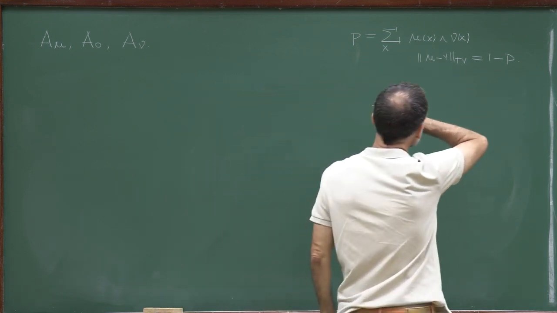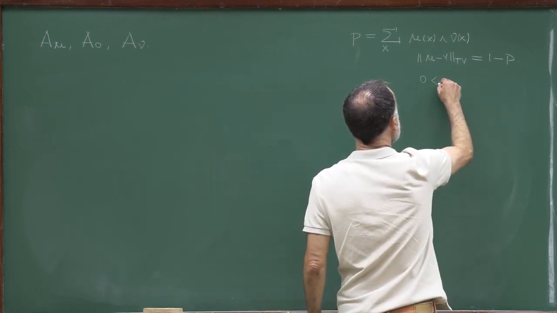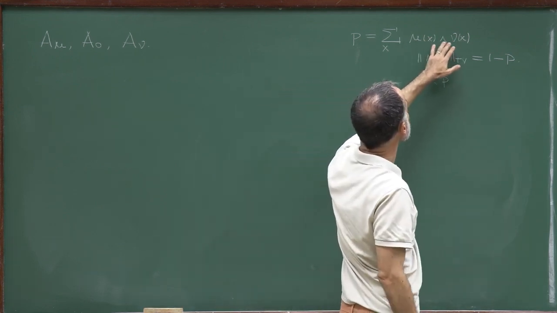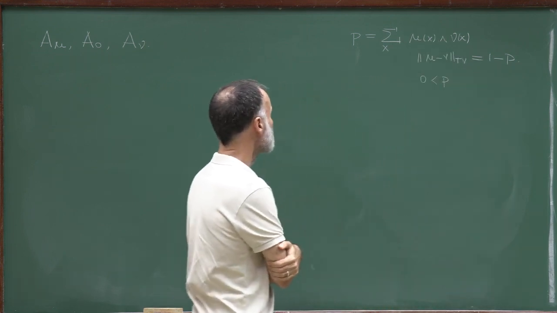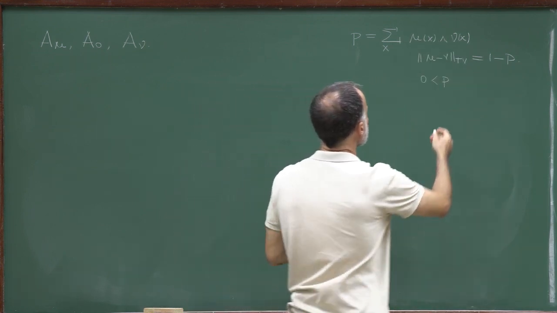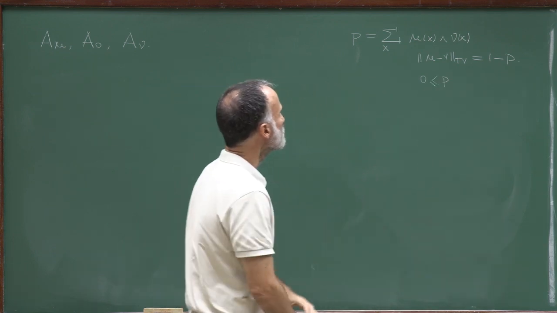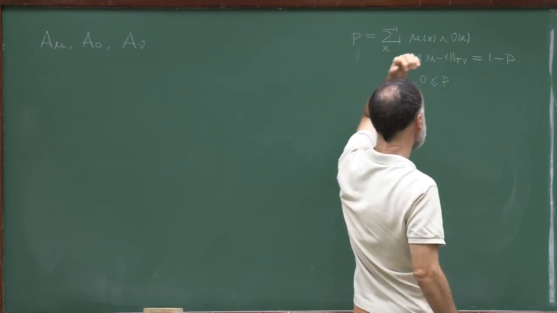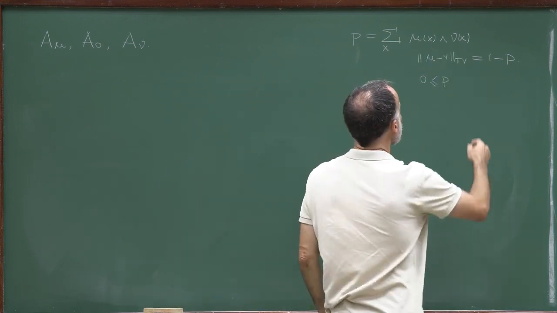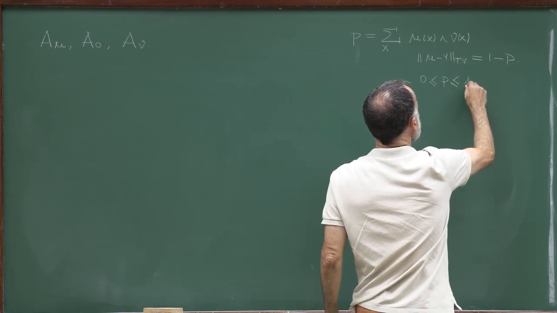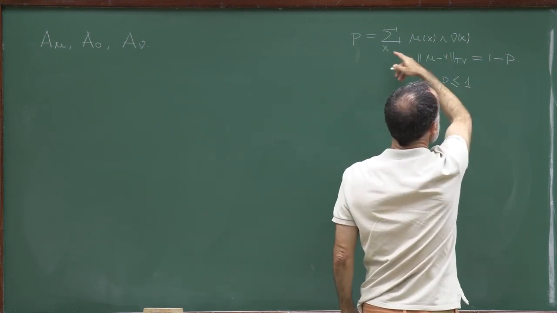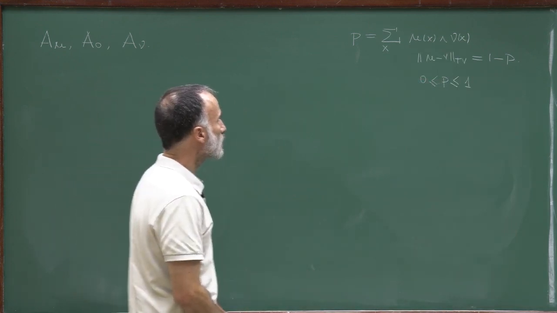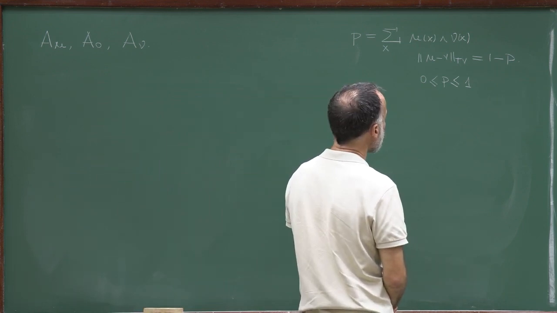Mind that p could be 0, if mu x is 0 whenever nu x is positive, and the inverse. And it's also bounded by 1, because this is bounded by mu x, and the sum is equal to 1. So it's clear that p is a number between 0 and 1.